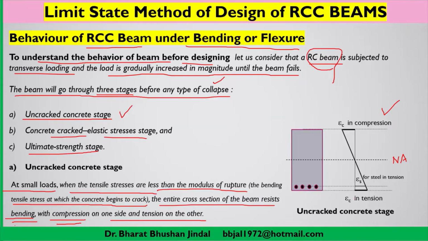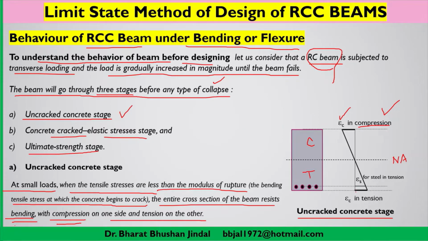Now how does strain occur? We are talking about the uncracked concrete stage. In the uncracked concrete stage, epsilon c is the maximum strain in compression, because the upper side of the section is in compression and the lower portion will be in tension. So strain here will be compressive strain, and below the neutral axis the strain increases with increasing distance from the neutral axis.